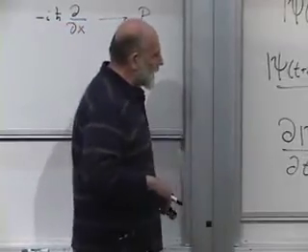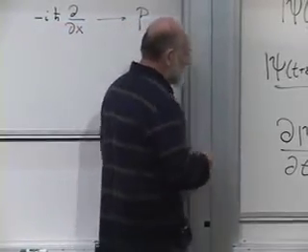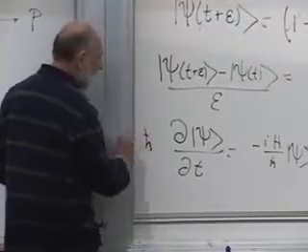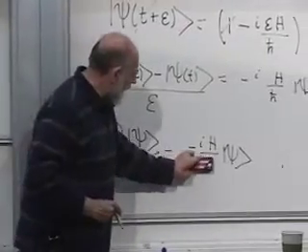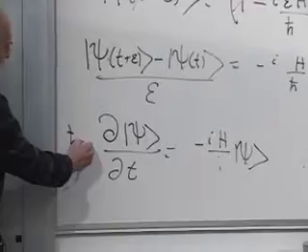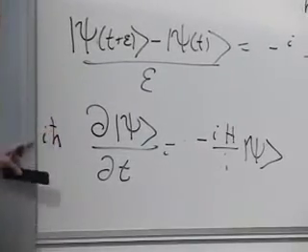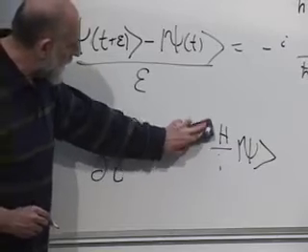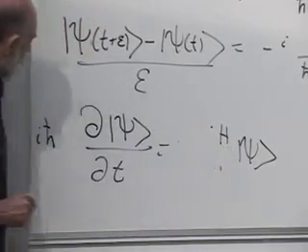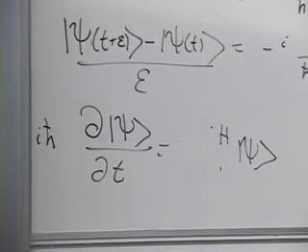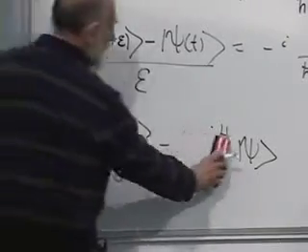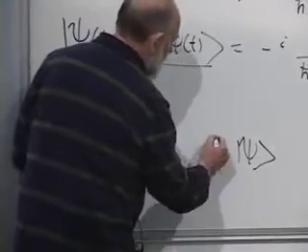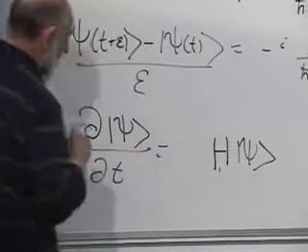Let's multiply it by H, by little h bar, and by i. So if I multiply it by i, there's i h bar on the left. i times minus i is plus 1. So I can also write it this way. i h bar d psi by dt is the Hamiltonian operator times psi.